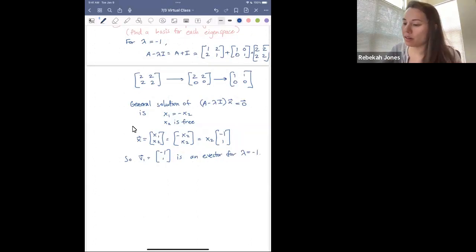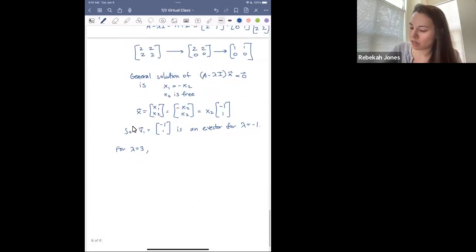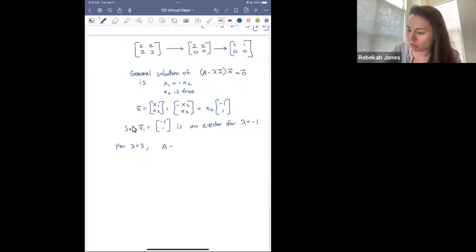Then we can also do this process for the other eigenvalue we got, lambda 3, and we go ahead and compute A minus 3I. That's going to be our matrix A, where along the diagonal entries we subtract 3. Let me do this in two steps.